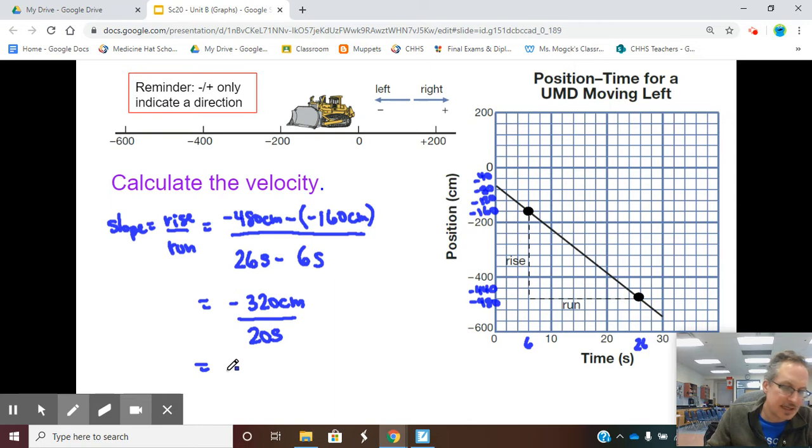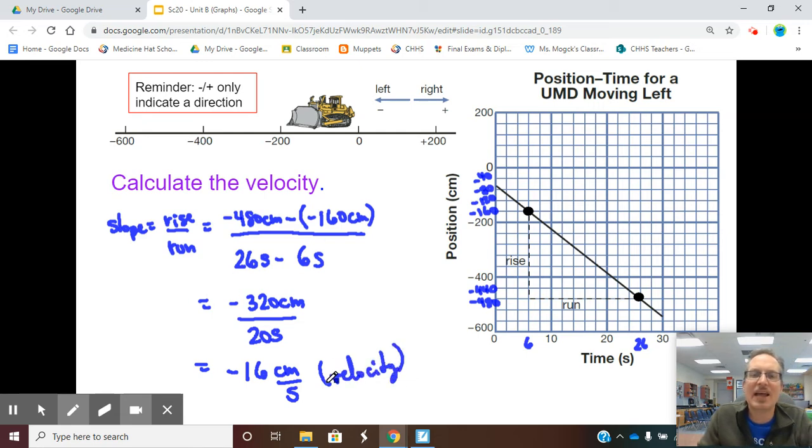My velocity is going to be negative 16 centimeters per second. I want to remind us that this negative is just telling us that we are moving, if we look at the graph, left. So we could also say 16 centimeters per second left, for it looks like this is some sort of bulldozer.